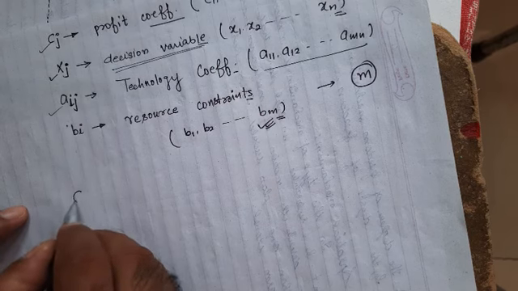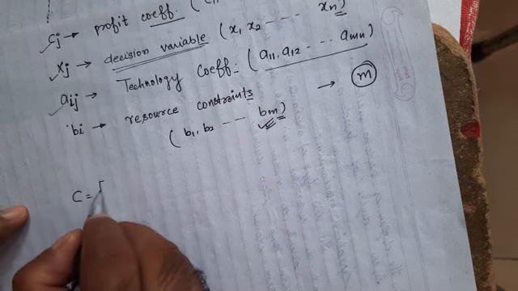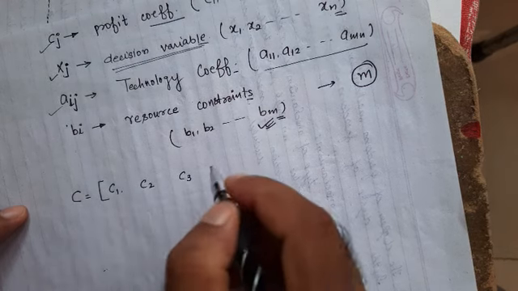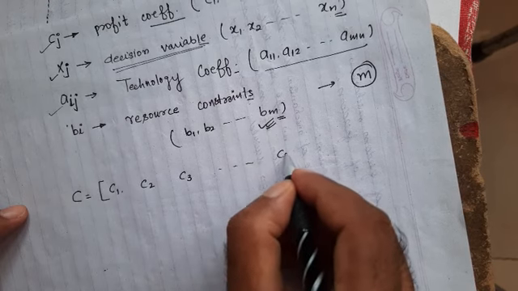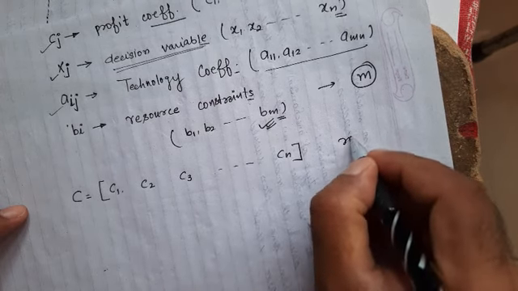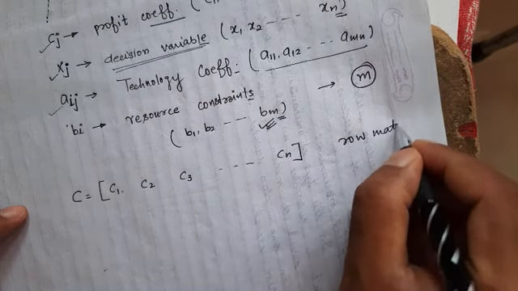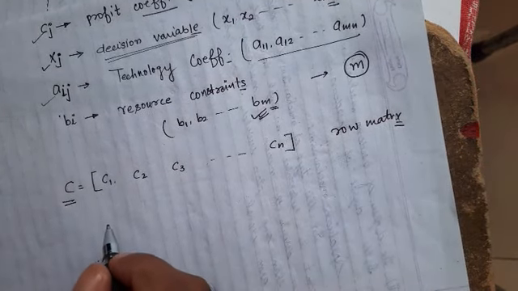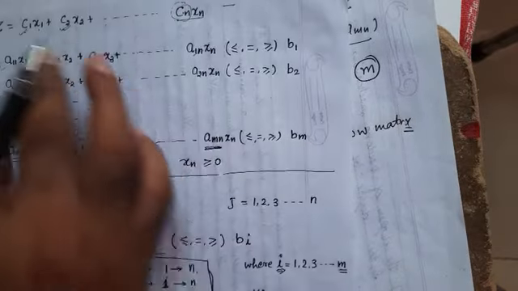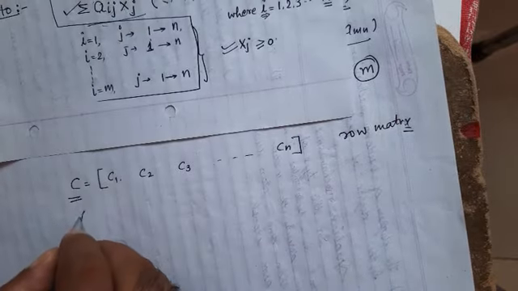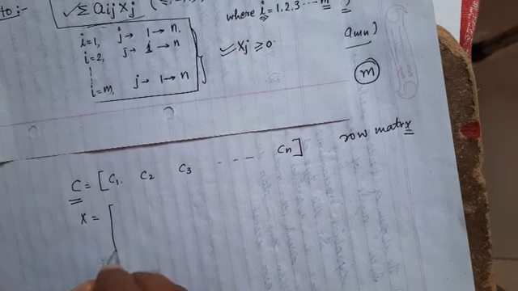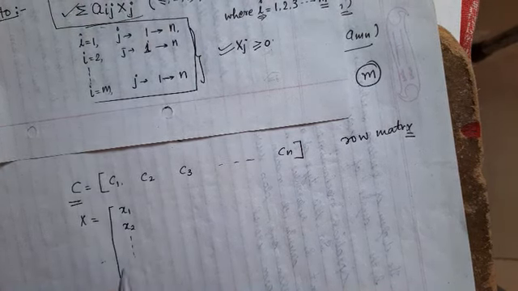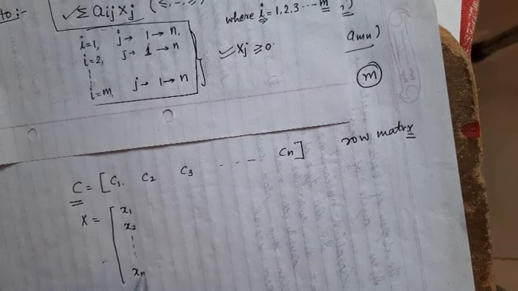So C will be c1, c2, c3, likewise cn. C will be in the form of a row matrix. X will be in the form of a column matrix: x1, x2, and finally xn.